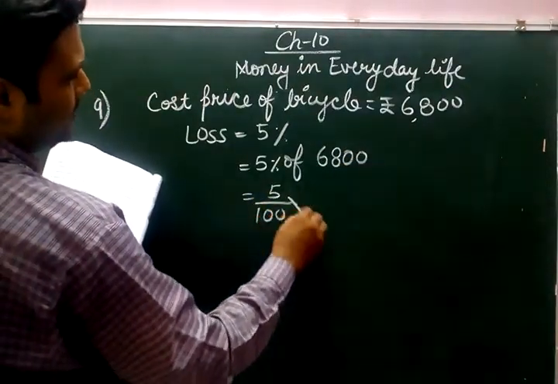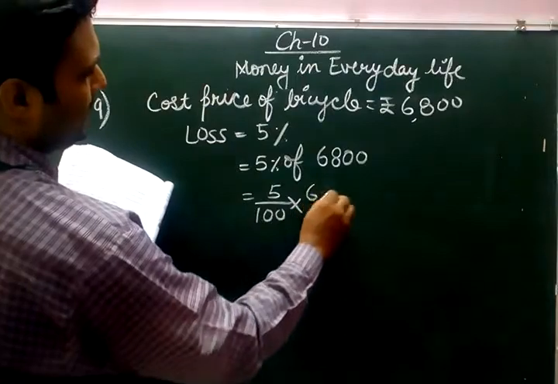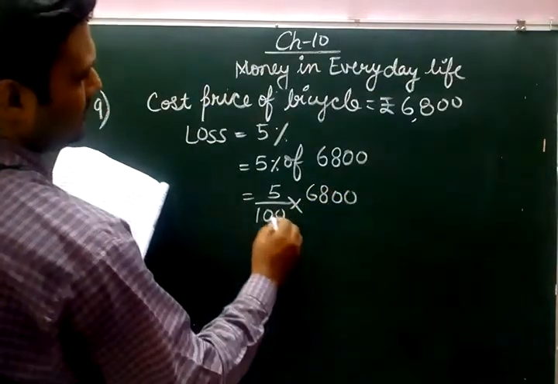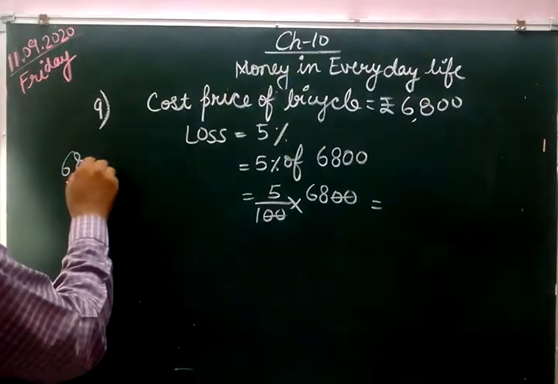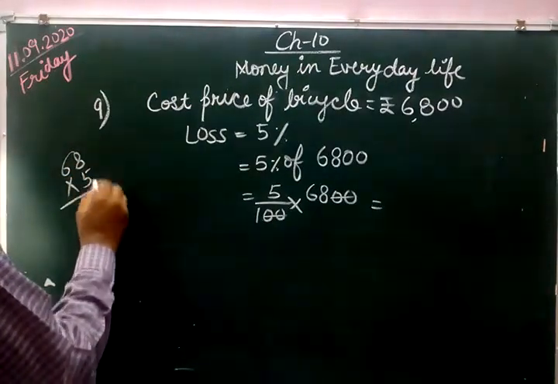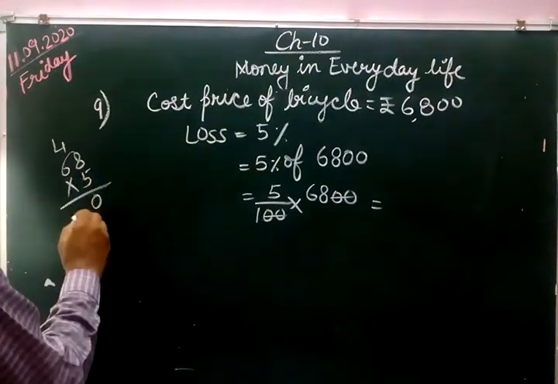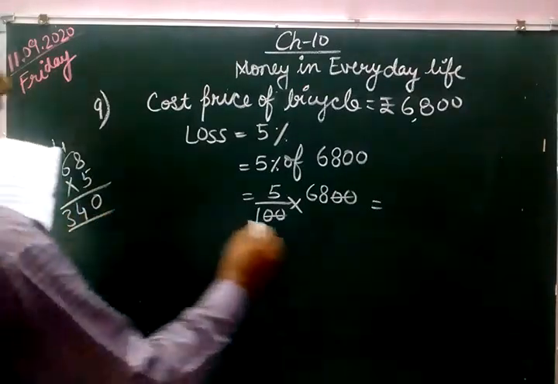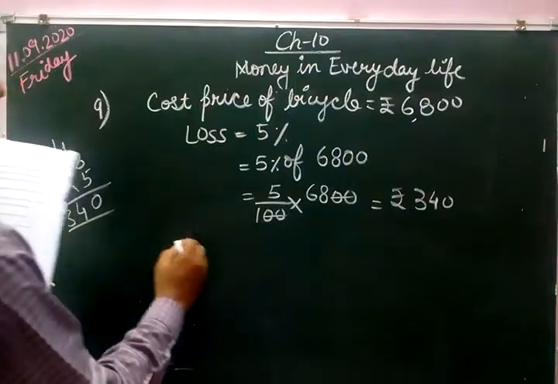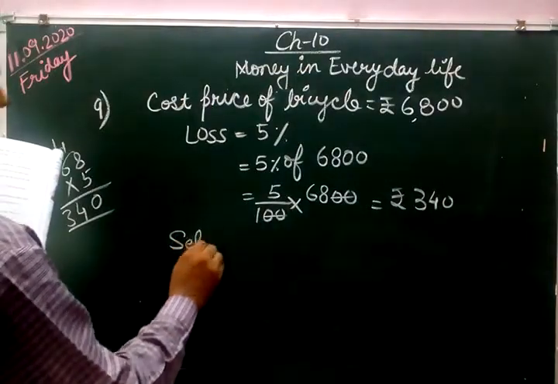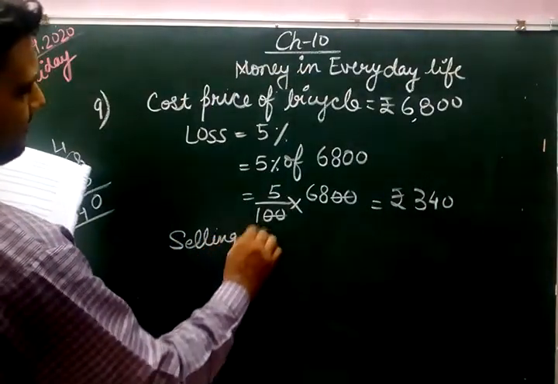percentage will become over 100, of will be converted into multiply. Now you will multiply 68 by 5, 340. Rupees 340 is the loss. Selling price, we have to find the selling price.